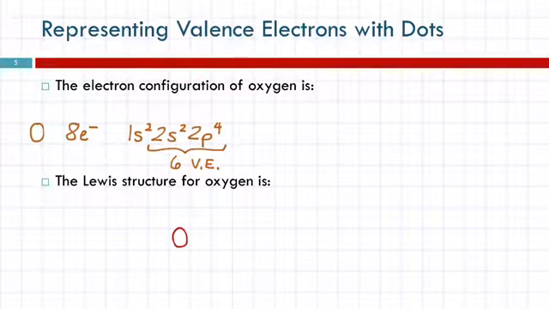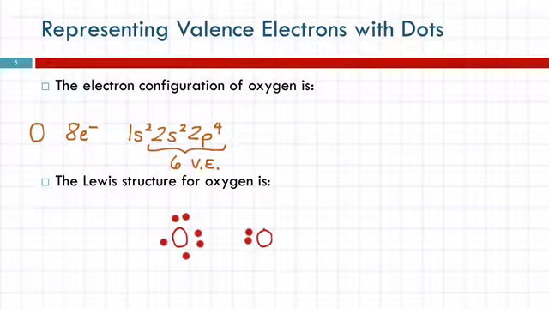So I'm going to go 1, 2, 3, 4, 5, 6. Okay, so there's a pair up here and a pair over here and 1 on the bottom and 1 on the left.